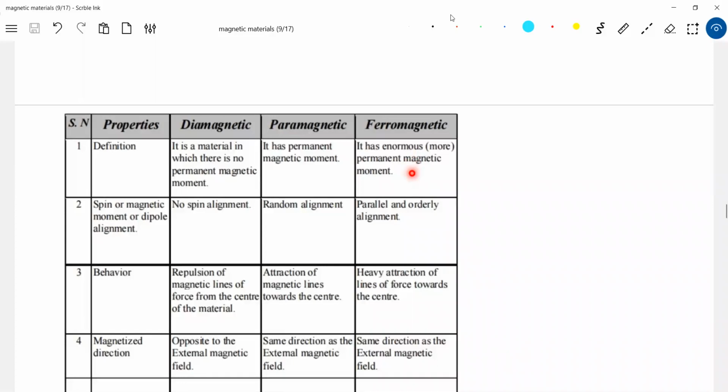An iron nail will not have any magnetism, but I can magnetize it. Naturally available magnets are there, no? From where did they get that magnetism? Due to domains here. And paramagnetic substances also have some permanent magnetism, but very small.